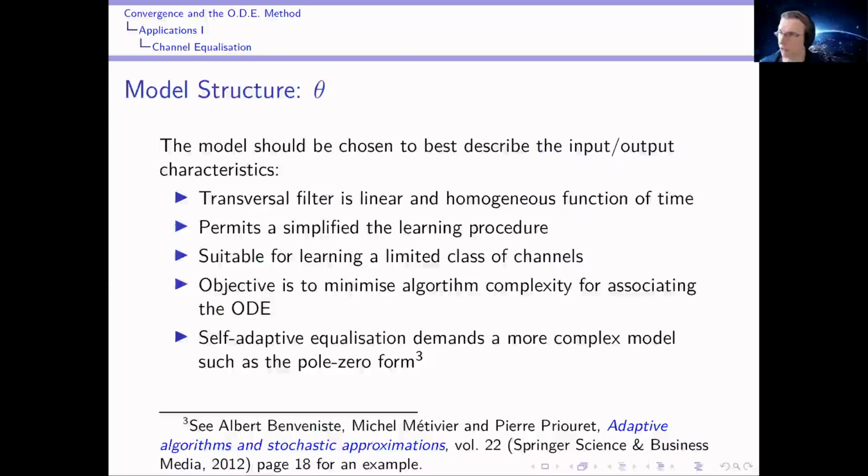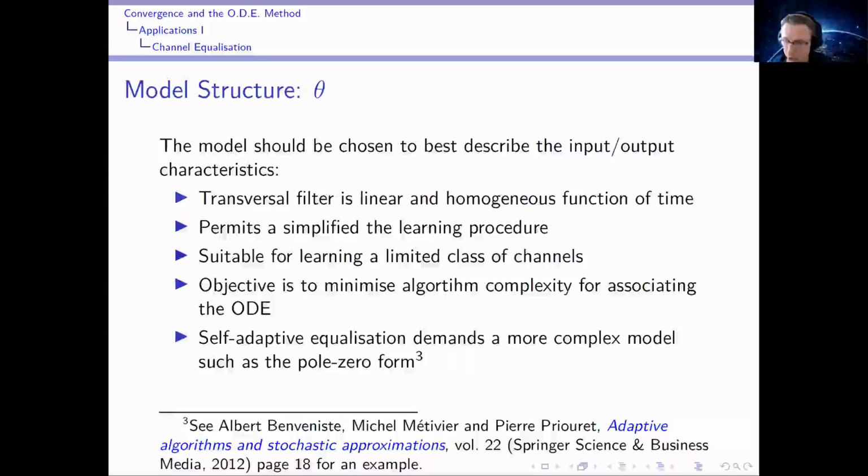The presentation is not about model design, but it's worth qualifying the choice here. First, it goes without saying that the model should be chosen to best describe the input-output characteristics. The FIR form, being a linear system and a homogeneous function of time, means that it's fairly robust. And I mean robust as in stable, and stable for a limited class of channels.